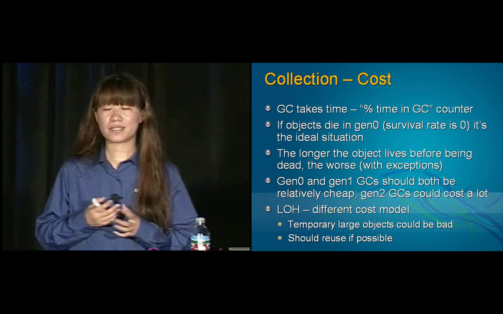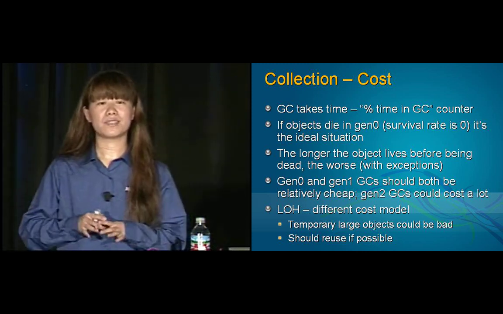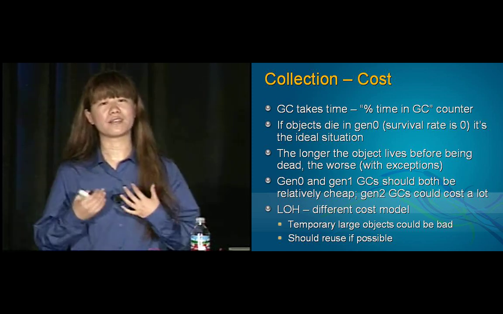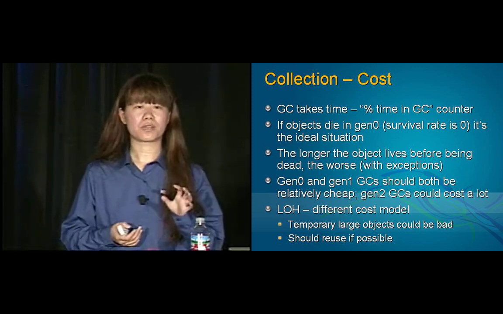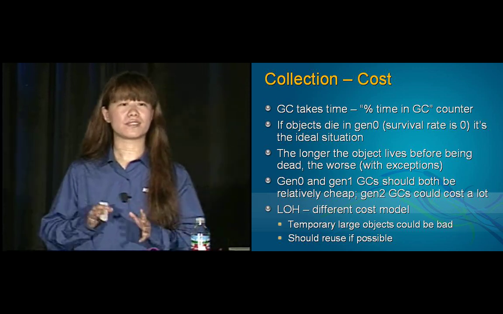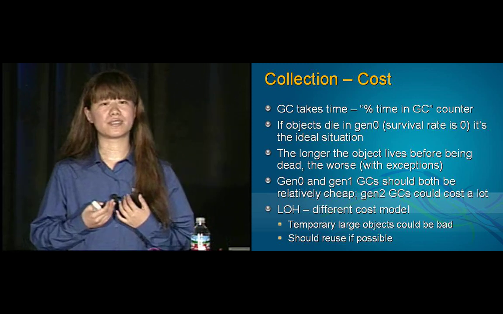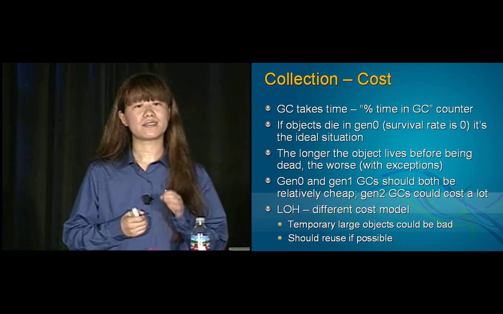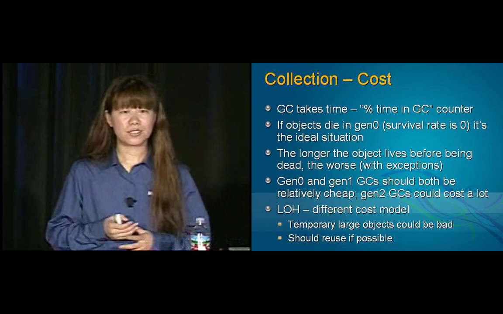The exception to that is if you only have truly long-lived objects, which means you allocate your long-lived objects up front, let's say a bunch of static data when the program starts to run, and you keep this static data throughout the duration of the process. GC knows that it's not going to collect the Gen 2 heap because this data is live and collecting it is not going to give anything back.